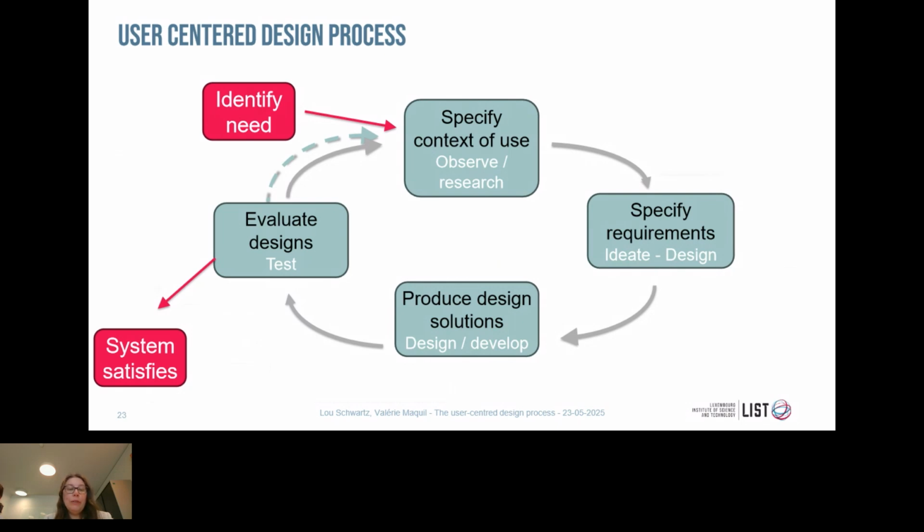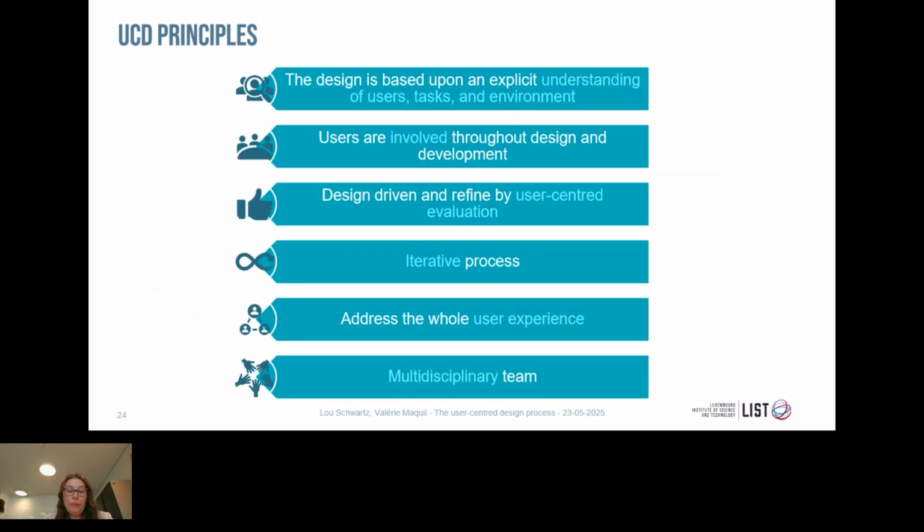6 principles underpin the user-centric design process. First, user understanding. This principle emphasizes the critical importance of acquiring a deep understanding of target users and ensuring that design decisions are based on empirical data rather than assumptions.